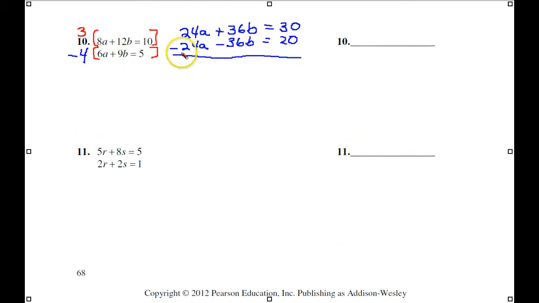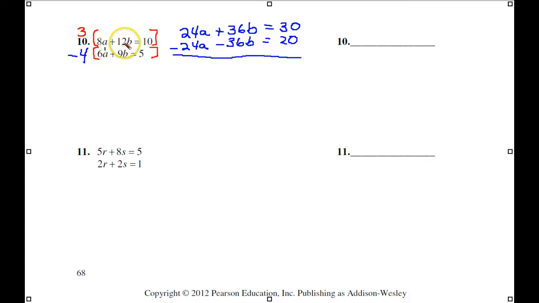Now, in example 10, they're in standard form, and nothing seems to cancel out. So here's where we have to use a little bit of artistry, a little bit of smarts, so to speak.